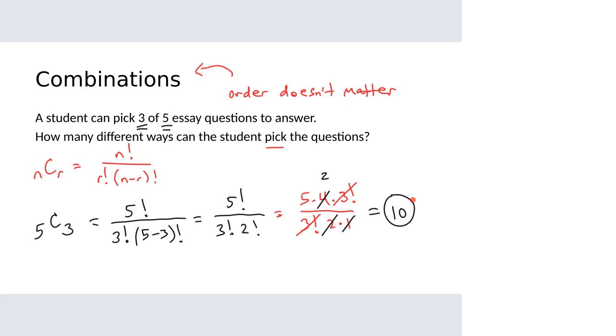If you really like canceling as much as possible, then this approach will be something you like very much. If you'd rather say, I'm good here, I'm going to multiply 5 times 4 on top, 2 times 1 on the bottom, and then divide to get to that 10, nothing wrong with that either. Also, if you want to use the nCr button on your calculator, that's okay too. And this would be 5, choose 3.